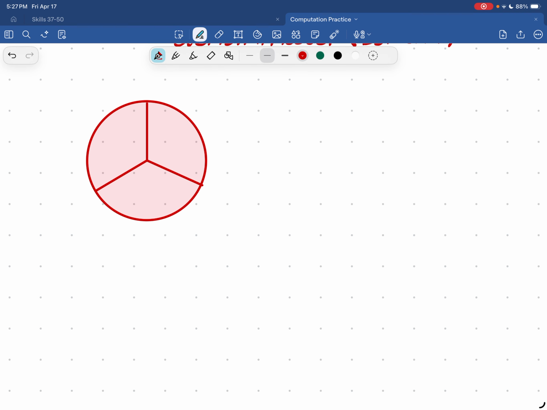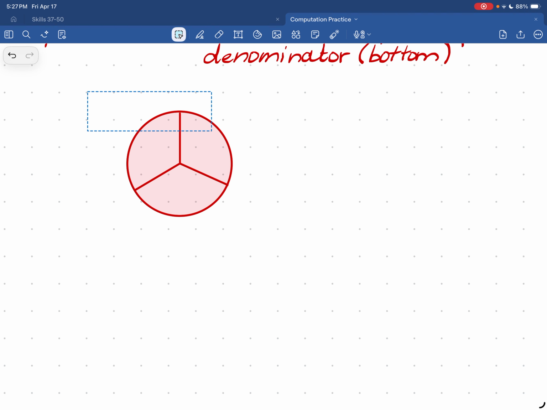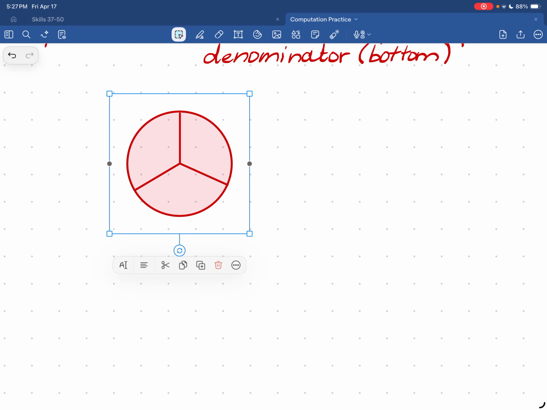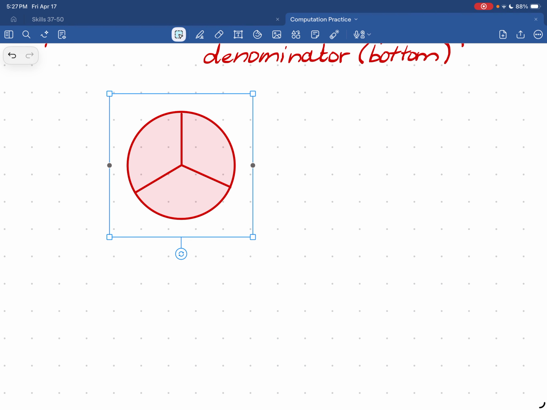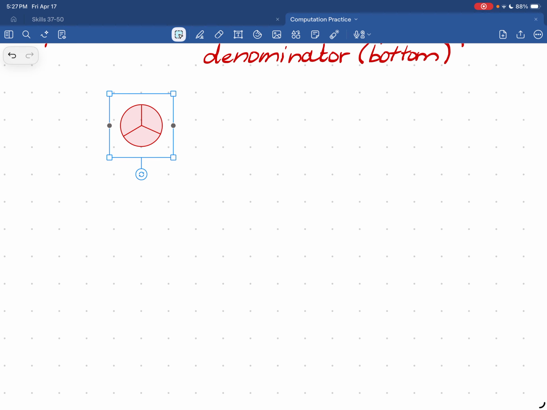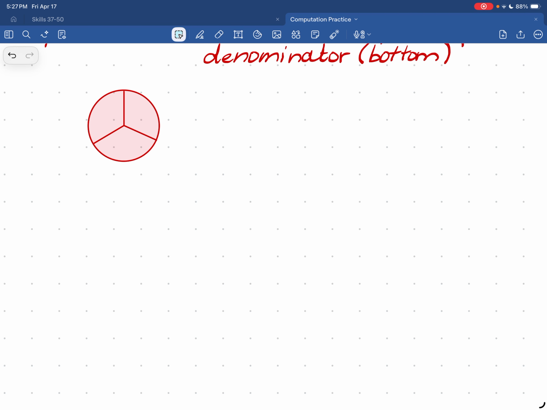So if this is a pizza, and we have 3 pieces in this pizza, maybe it's a personal size pizza, or it could be a very large pizza that's cut into 3 pieces. Doesn't matter. If you make this circle larger, it still has 3 equal pieces. If you make it smaller, it still has 3 equal pieces. The whole is cut into 3 equal parts. So that tells me my denominator. There are 3 equal parts.